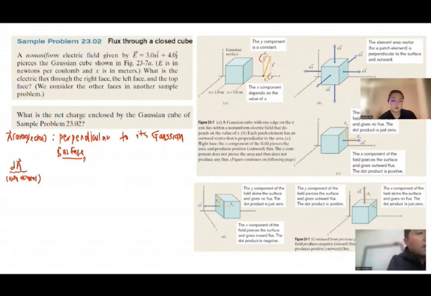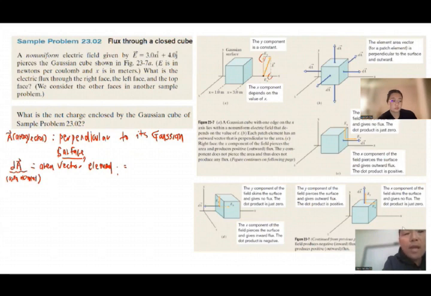So that is the area vector element, and this dA vector can be defined by a unit vector. The question is that we have to find the flux of the electric field on the right face, which is aligned with the x-axis.